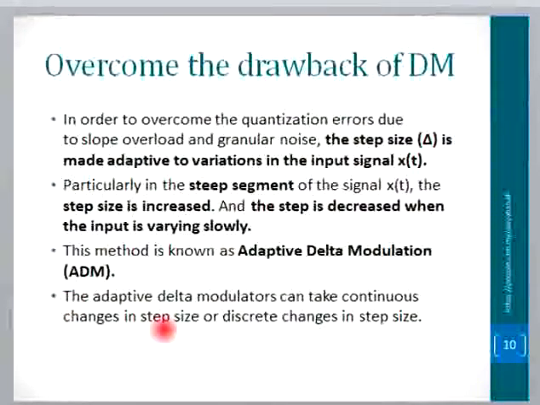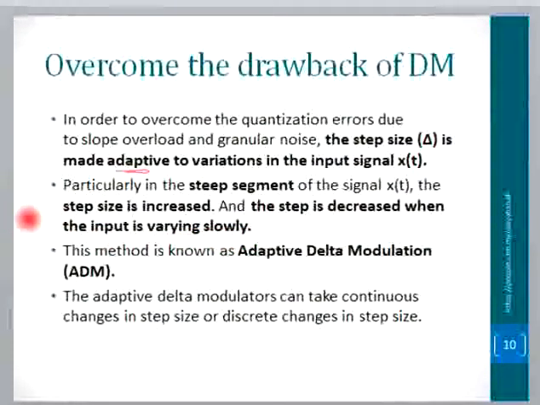To overcome the drawbacks of delta modulation, in order to overcome the quantization error due to slope overload and granular noise, the step size delta is made adaptive to variation in the input signal. So you use an adaptive step size. This means the step size changes: in the steep segment of x(t), the step size increases, and the step size decreases when the input is varying slowly.